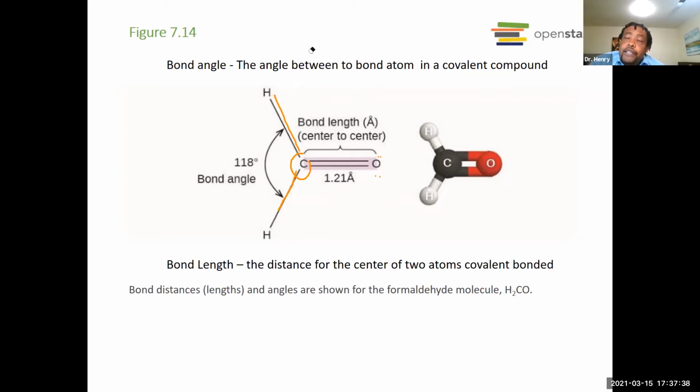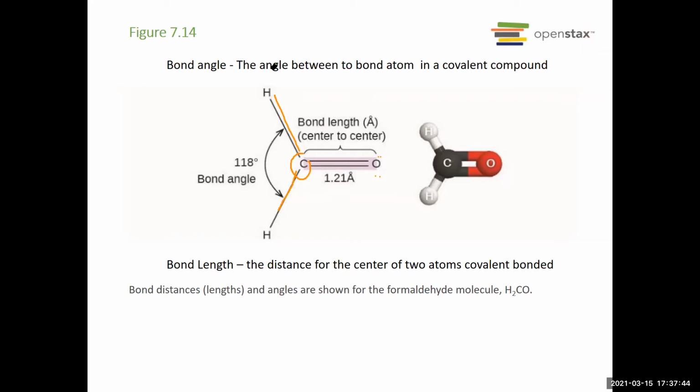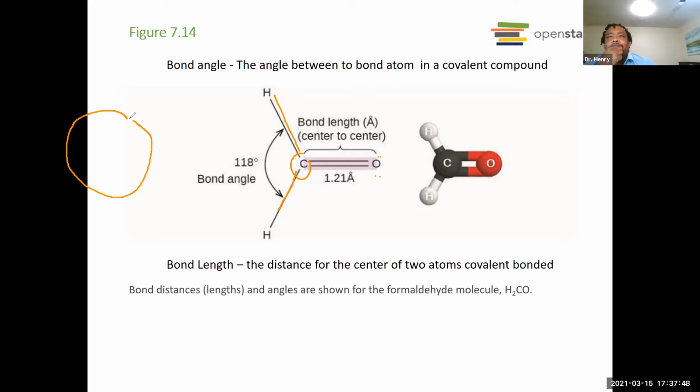Because these have lone pairs sitting on them, it's actually going to affect the shape of the molecule itself, right? So you guys remember geometry? What is the angle of a circle? 360. Okay. So a circle, if we go from 0 all the way back around, is 360 degrees.